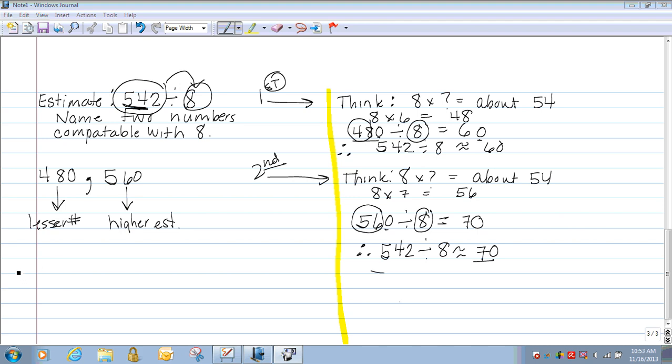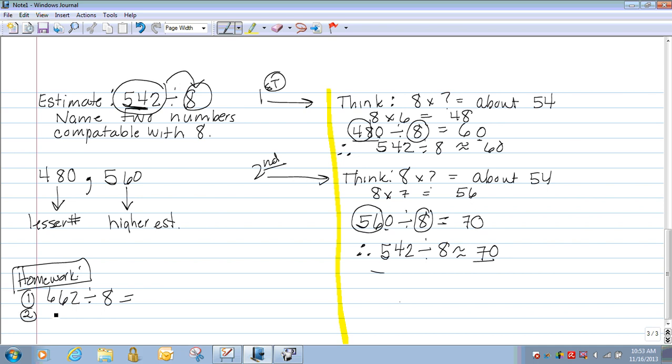When you come into class tomorrow, I would like for you to have worked in your 2-column notes, so please do these examples at home. Bring them in ready to check tomorrow. 662 divided by 8. Please give me an estimate.